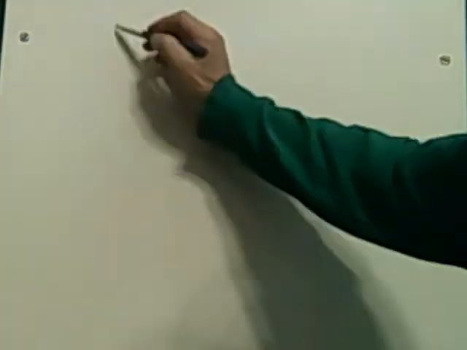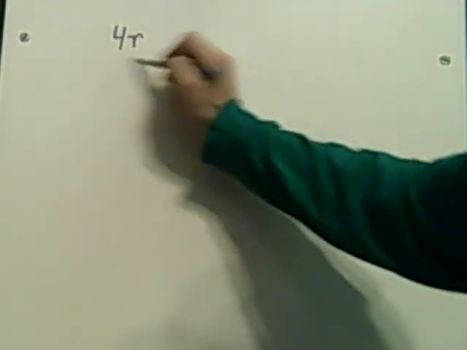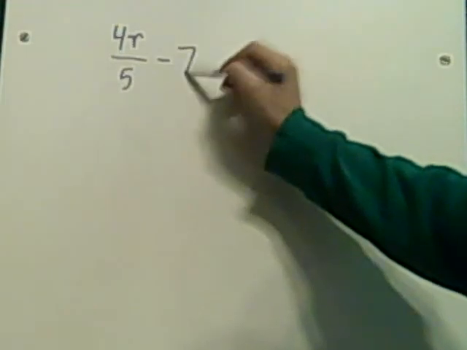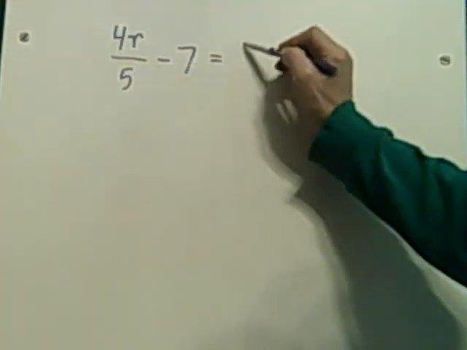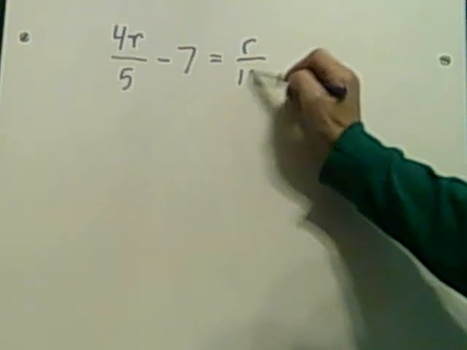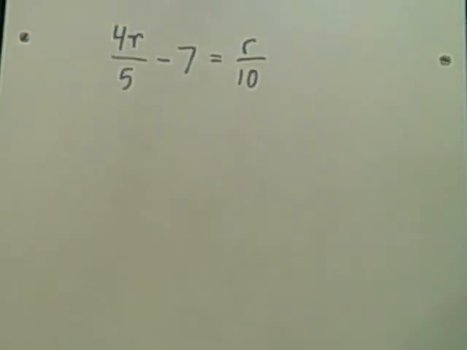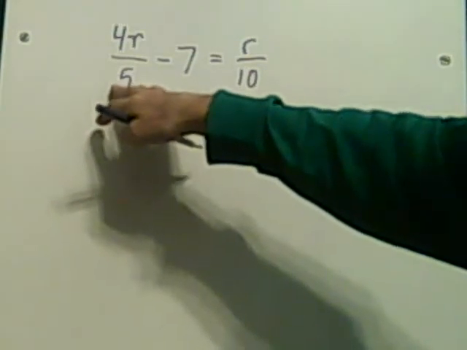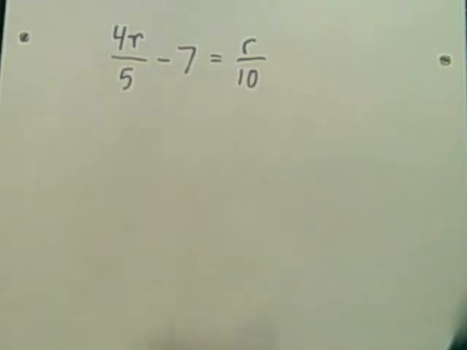Okay, 38 says 4r over 5 minus 7 equals r over 10. Okay, you want to get all the r's by themselves, and you want the other numbers that are not the r on the other side. And in this case, we've also got these numbers on the bottom that are making it a little bit more complicated.